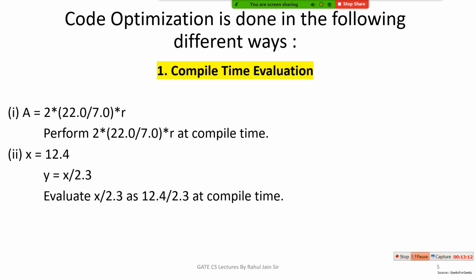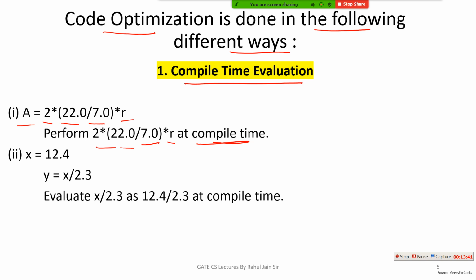Now let us focus on the different ways in which code optimization is done. The very first one is compile time evaluation. If you take an example, suppose a equals 2 multiplied by 22.0 divided by 7 into r, then it will perform 2 into 22.0 divided by 7 at compile time.